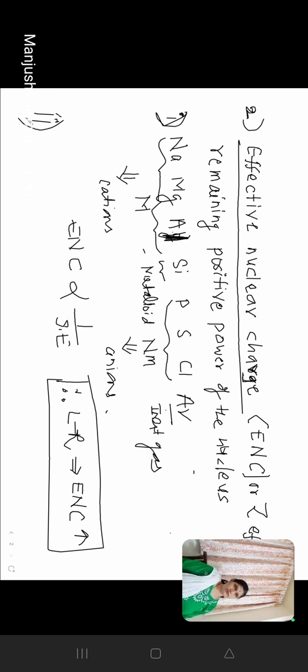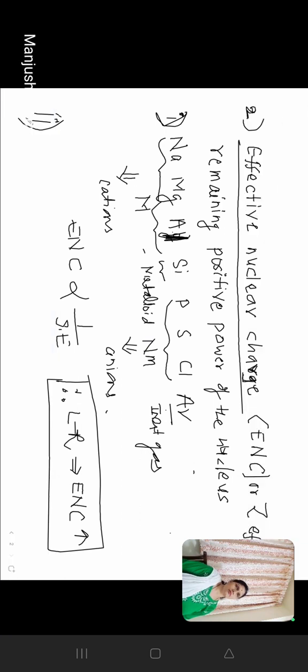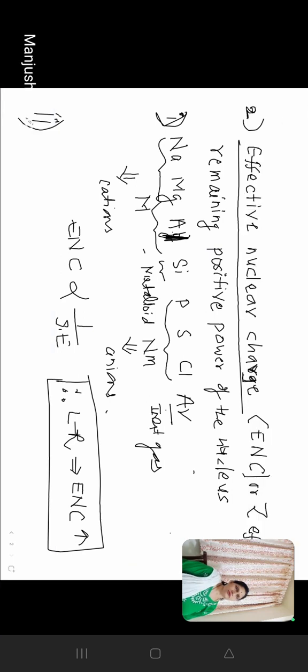Down the group, atomic number increases. Therefore, nuclear charge also increases. But new shells are added.